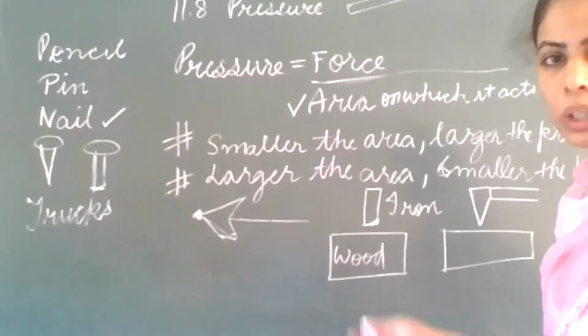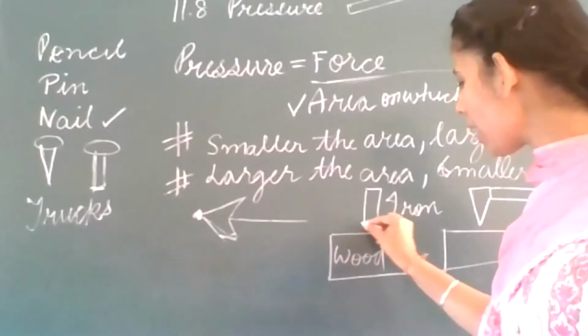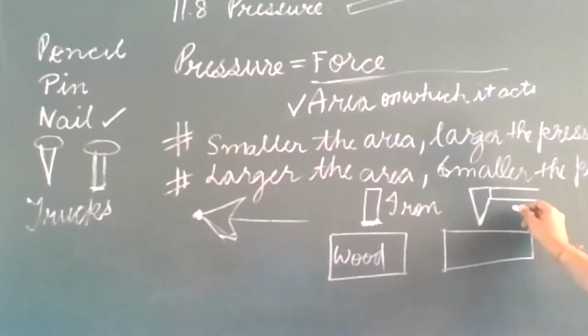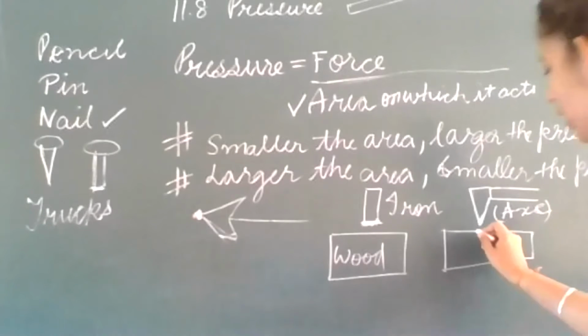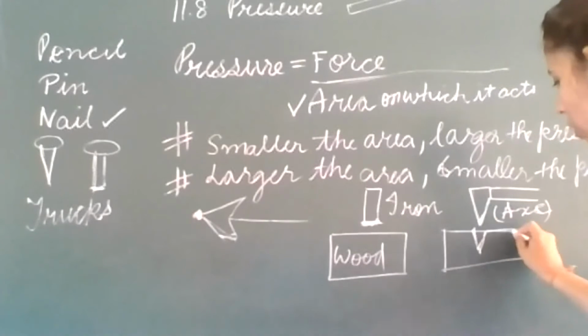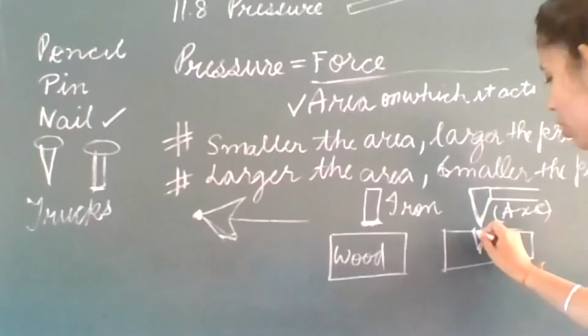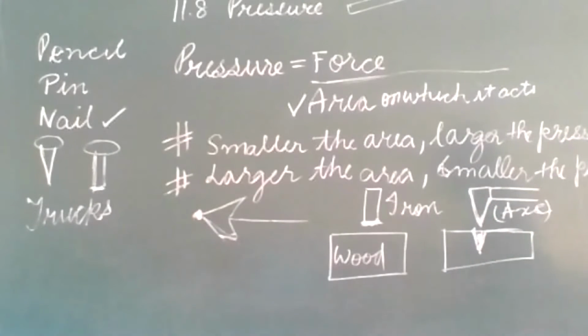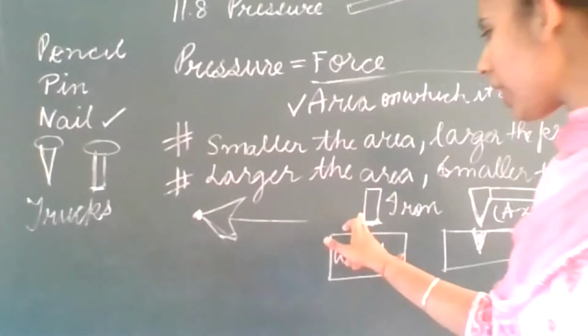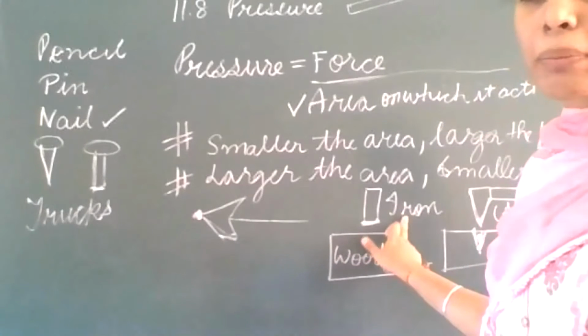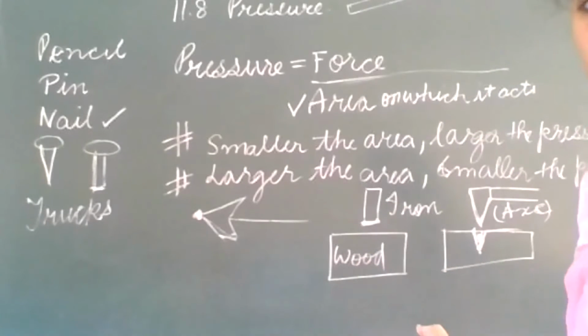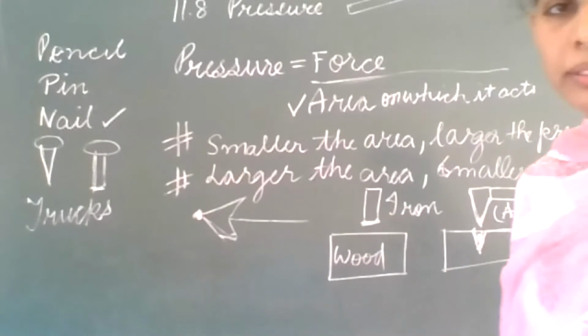Ma'am, the second one. The second one, this type of iron. Yes, X or wedge. What is happening in the X? The shape is made in wedge type with a sharp edge, so that it can cut the wood easily. Here the area is also small, therefore it can cut the wood. But if we try with the help of this iron, it is not possible.